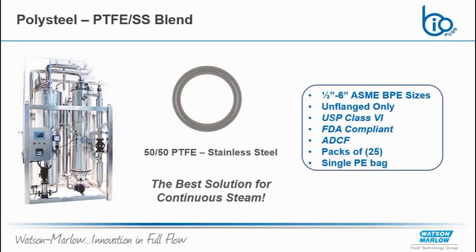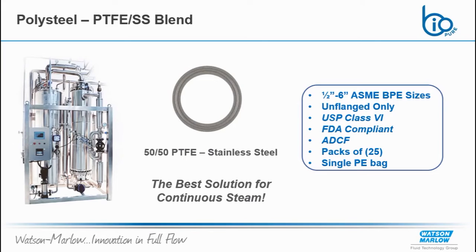So that brings us to polysteel, also a PTFE-based compound. Polysteel and compounds like polysteel were really specifically developed for heavy steam applications, continuous steam applications. Polysteel is a 50-50 blend of stainless steel and PTFE. Okay, the material seals a little better than solid PTFE.